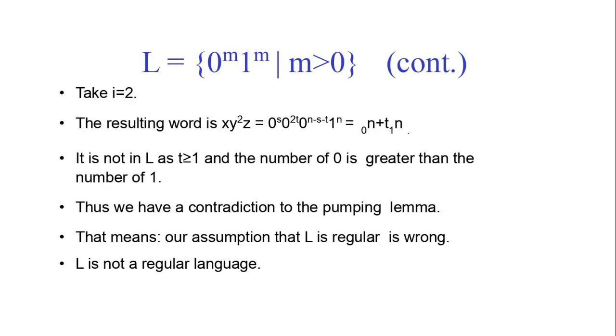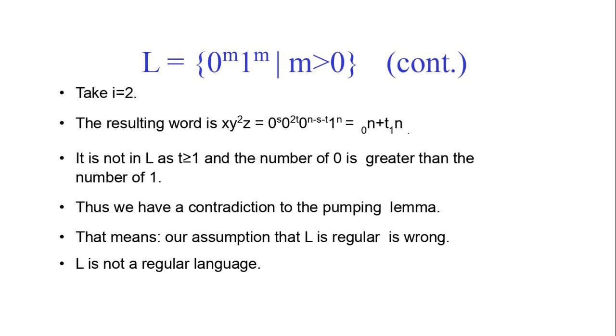So here, by applying the pumping lemma, if we repeat the y part, here we have taken i equals 2. It means we are repeating the y substring twice. So it is represented as 0 raised to power s, 0 raised to power 2t, 0 raised to power n minus s minus t, and 1 raised to power n.